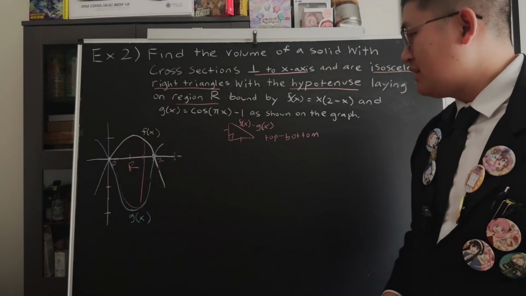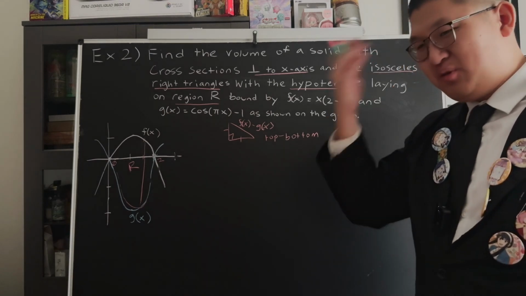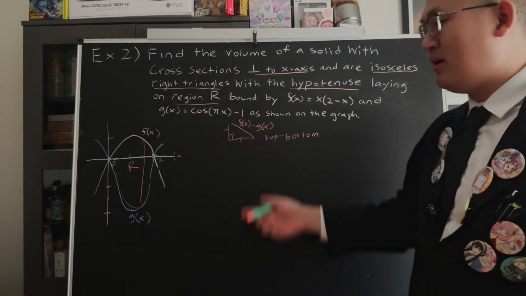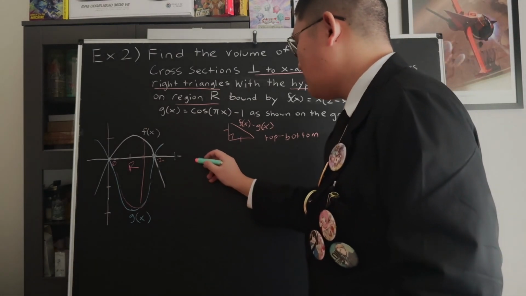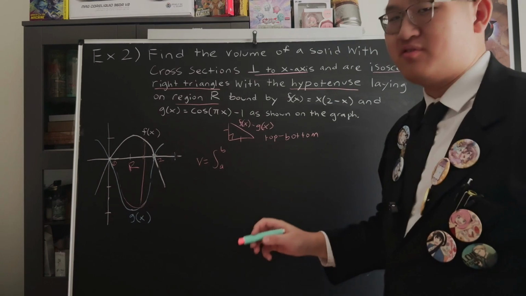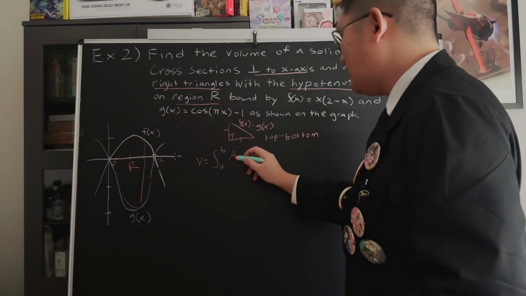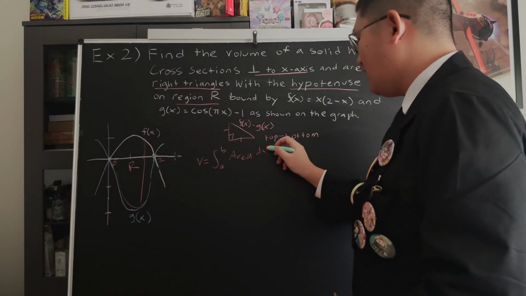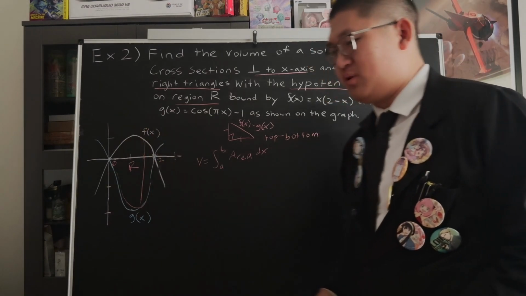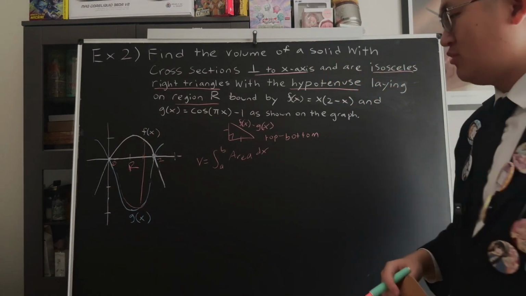Okay, so because of that, we still need to figure out, well, what about the area, right? We have the hypotenuse, which is great, but of course the actual volume would be set up by taking our definite integral going from a to b, but then of course we need to take an area, all right? And in this case dx, of course, because we're going perpendicular to the x-axis, we're going by heights of x, so that's no problem.